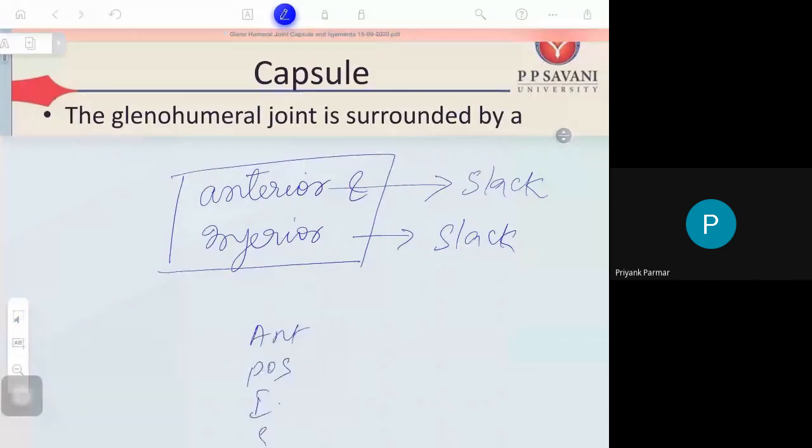So in the anterior and inferior, the capsule is very lax or slack. This is the main reason why the shoulder joint gets dislocated or subluxated in these two directions. Are you clear?